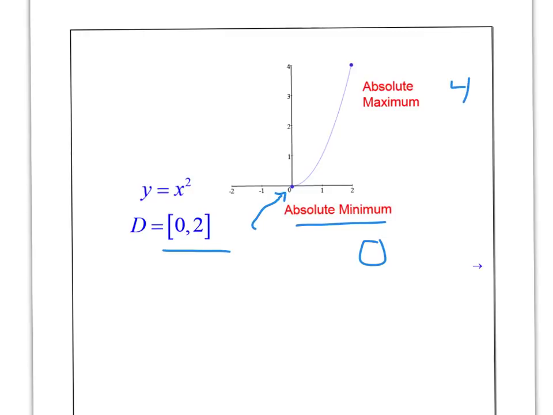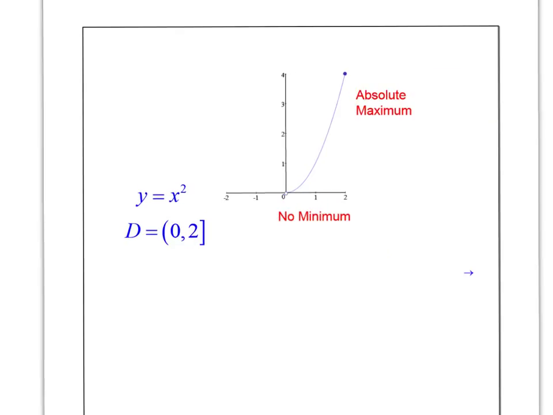Where it occurs is at x equals 2. So be careful because the AP exam may ask you what is the absolute maximum value versus where does the absolute maximum value occur. And since these are closed intervals with brackets and filled in dots, you can actually say they have one.